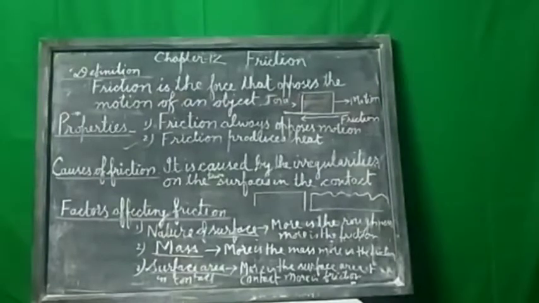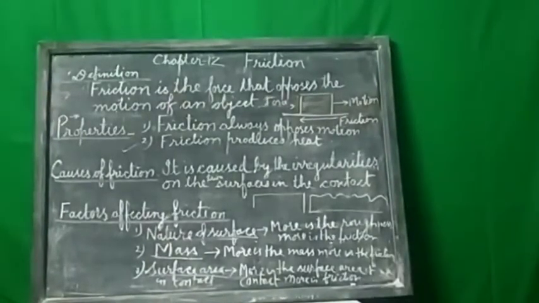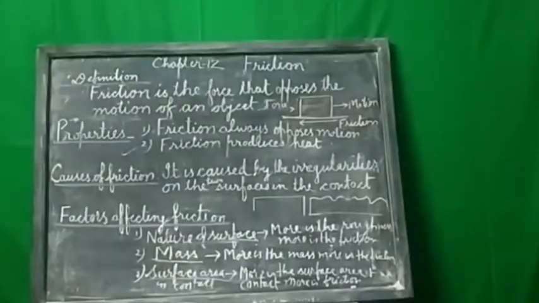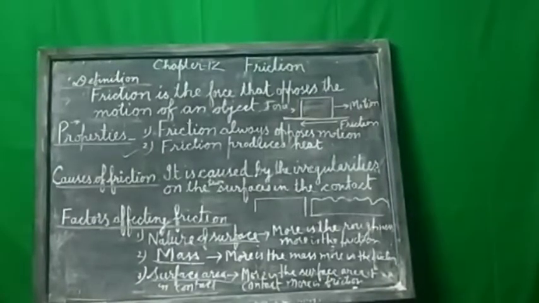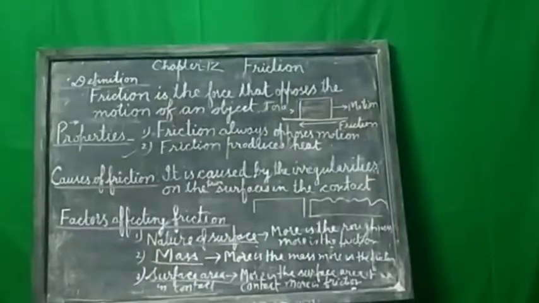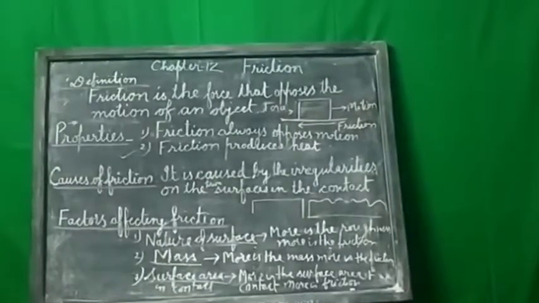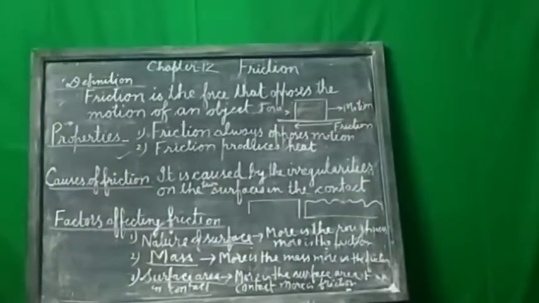Now again keep another brick on it. Try to push them. Was it as easy as it was when there was only one brick? You will notice that you have to apply more force to push two bricks, although the surface area of contact remains the same. This proves that friction increases as mass increases.